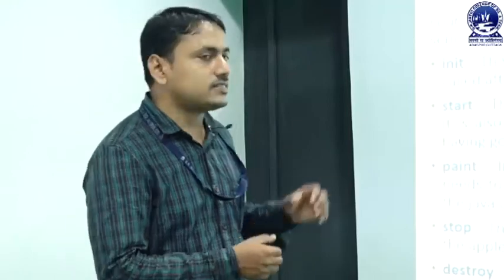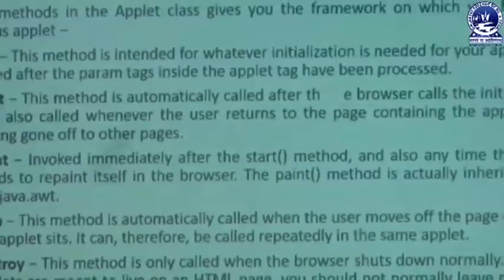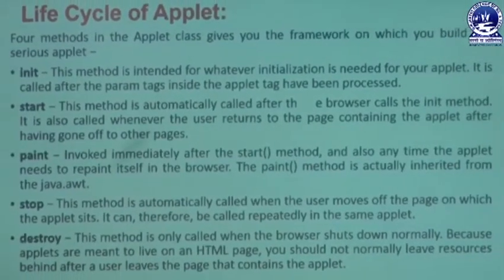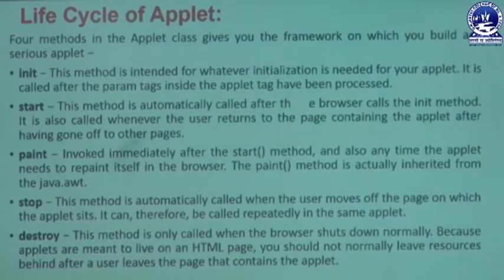The second method is known as the start method. Then what is the role of the start method? This method is automatically called after the browser calls the init method. It is also called whenever the user returns to the page containing the applet after having gone to another page.